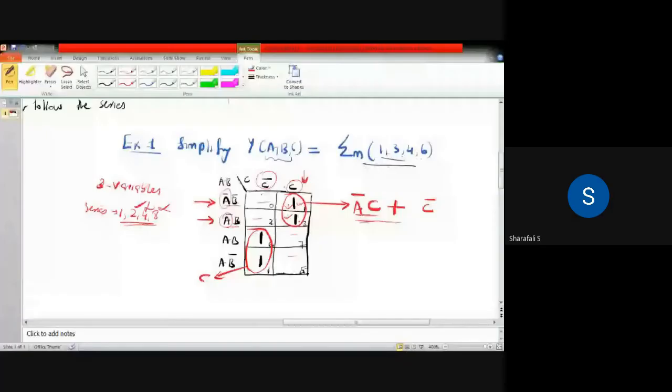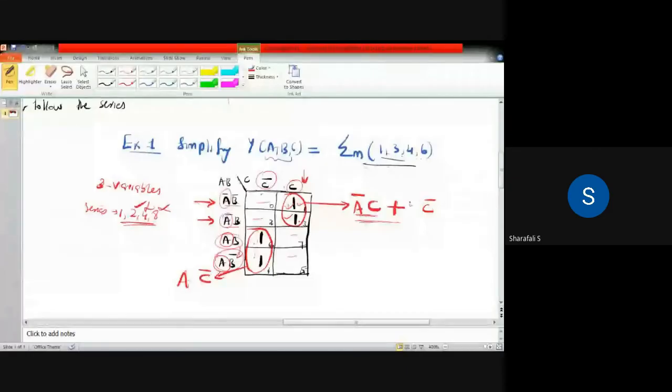Then consider these two terms. B is changed to B bar, so that is not common in these two sets. Only this A is common. I will take A. So A C bar is the second term. In each group, one is A C bar and the other one is A bar.